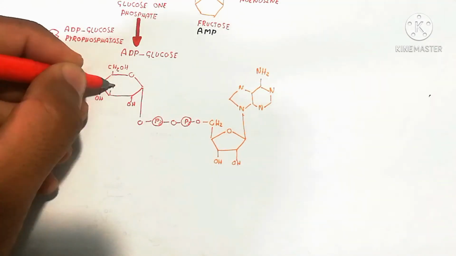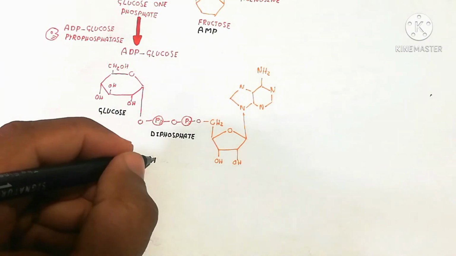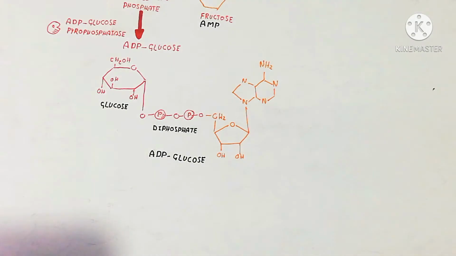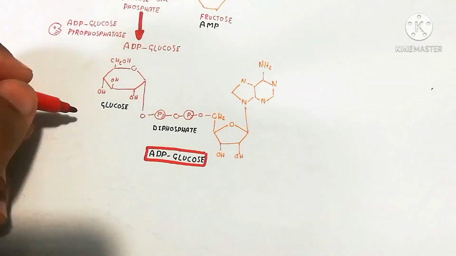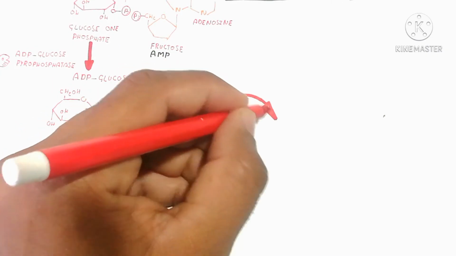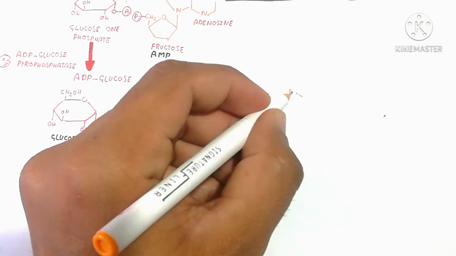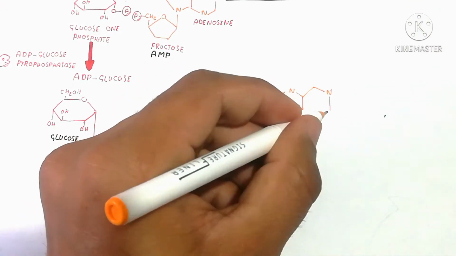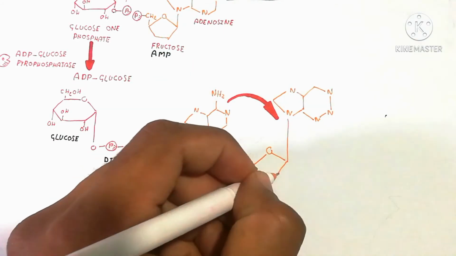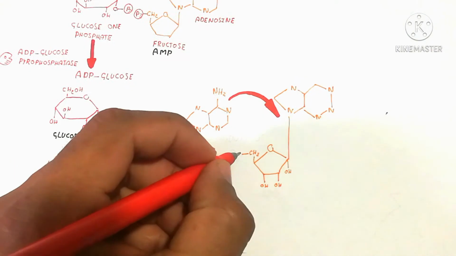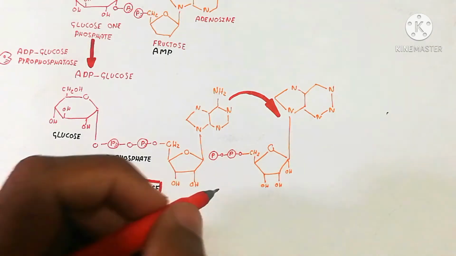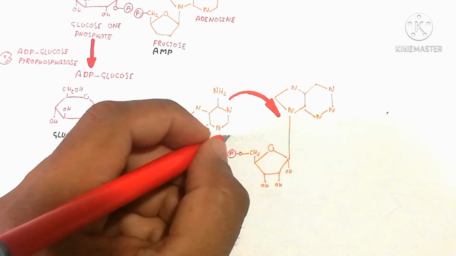So this molecule, glucose 1-phosphate which attached by the here is known as adenosine diphosphate glucose. So the glucose will be detached from it and give the phosphate group toward the AMP to convert ADP.